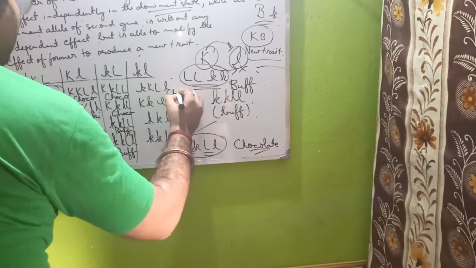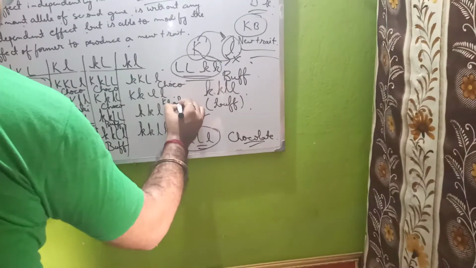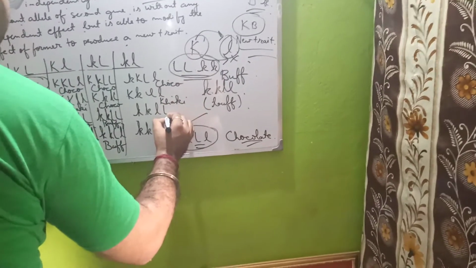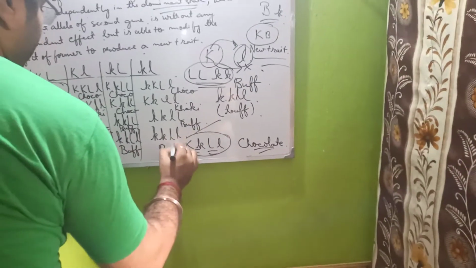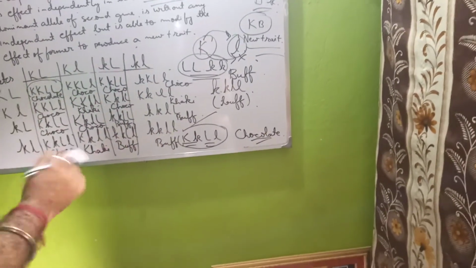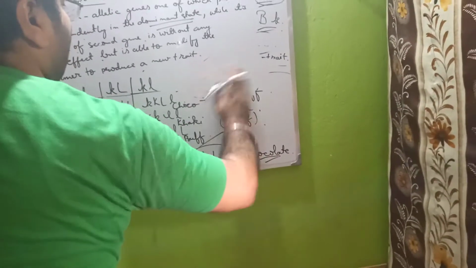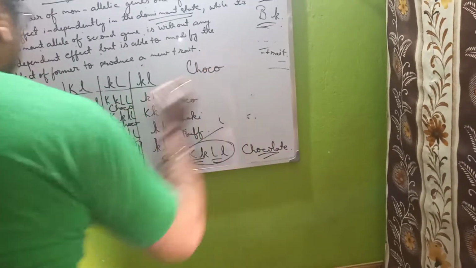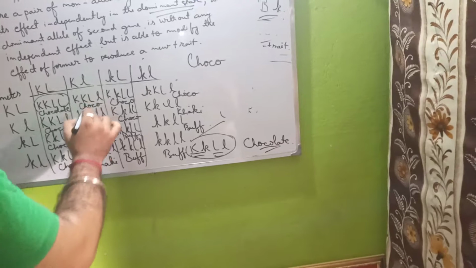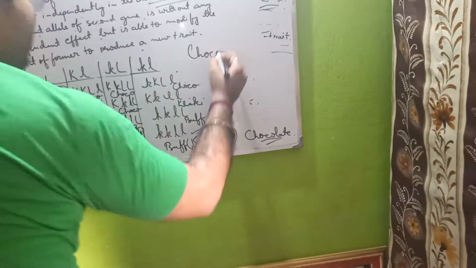Over here it will be a chocolate color. This one will be having a khaki color. This will be again buff color. This one will be a buff color. So what is the ratio that we are getting from here? We are getting chocolate color, the chocolate trait, 1, 2, 3, 4, 5, 6, 7, 8, 9.